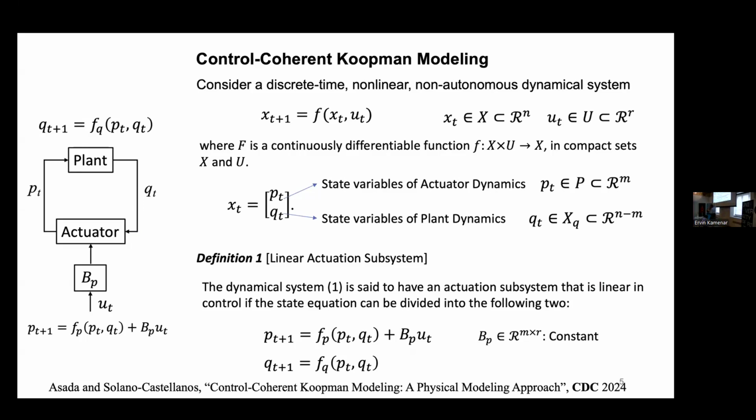On the actuator side, we assume that the control input B_t u_t appears linearly in the system. The actuator dynamics itself is highly nonlinear, but the key point is that the control shows up linearly. I can show you that this particular form is satisfied by a broad range of systems of practical interest.